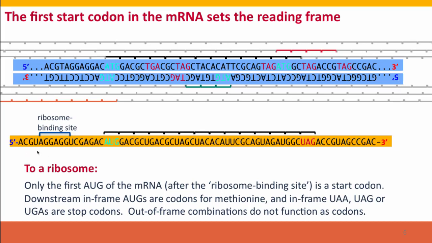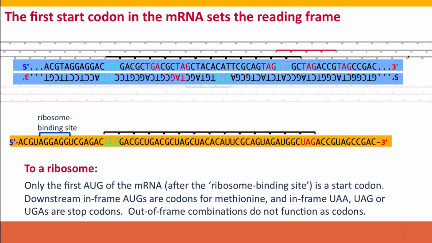But here's a messenger RNA that's been transcribed from this DNA sequence. Now, this already eliminates 3 reading frames from consideration because we've only got 1 strand, which means that the ribosome will have to move in that direction.